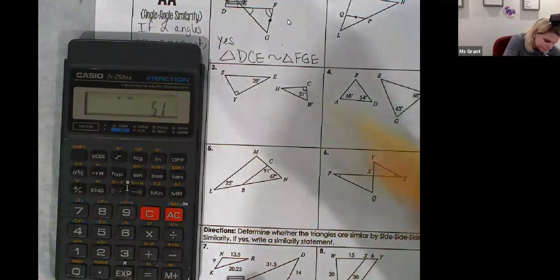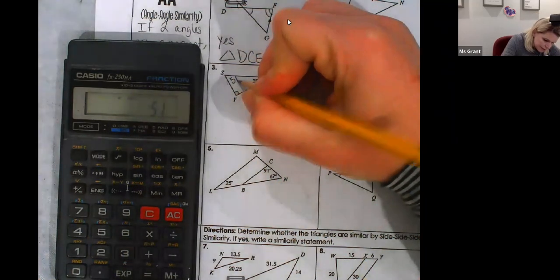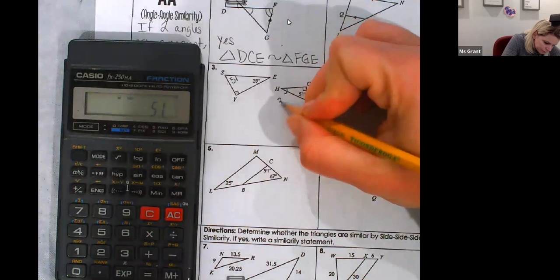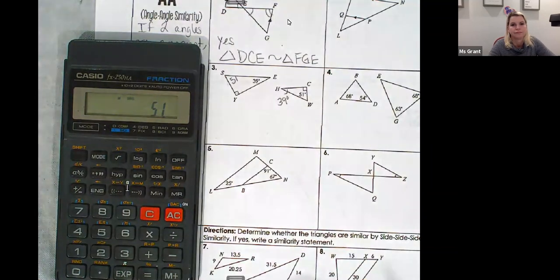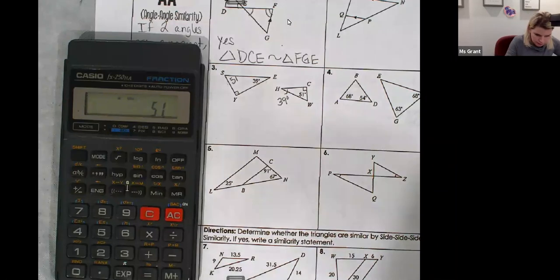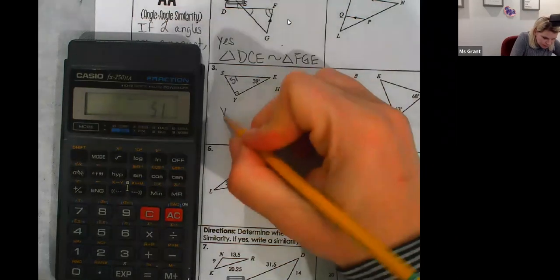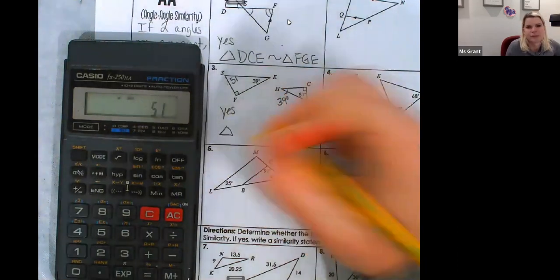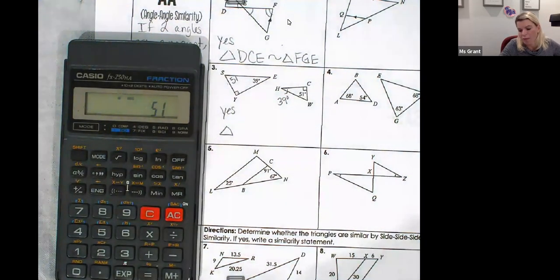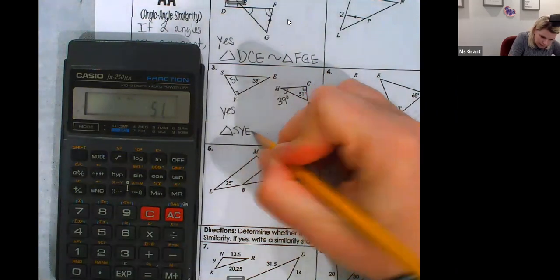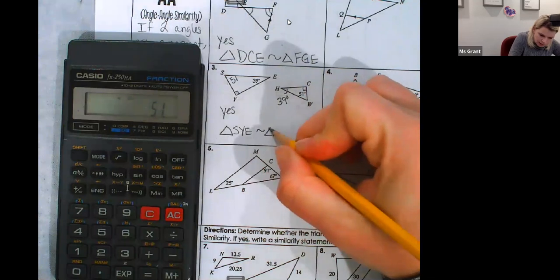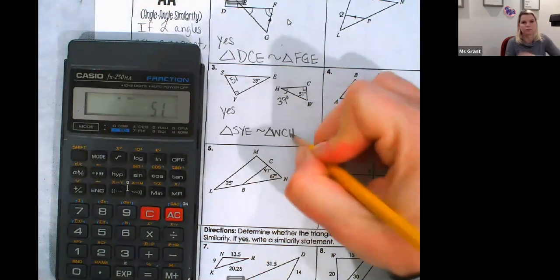Yes, it is. Which means this angle is 39. All three angles, well, two of them are congruent. All three angles are congruent. So yes, triangle. Now I have to go, you can start in any order, but just stay consistent. SYE is similar to triangle WCH.